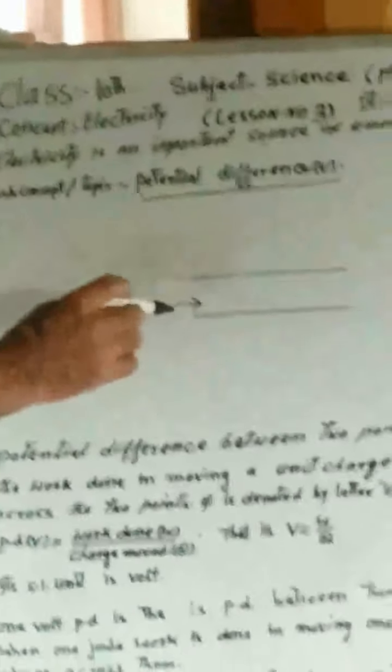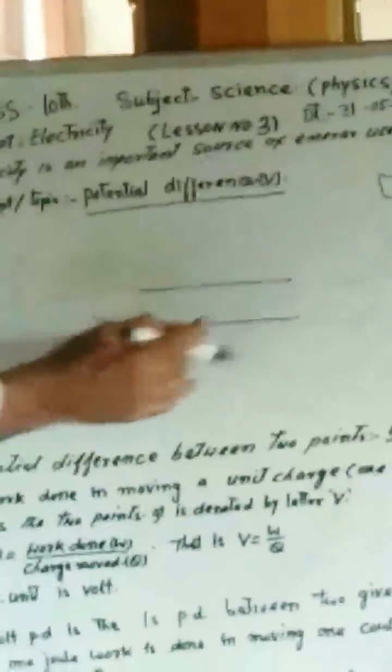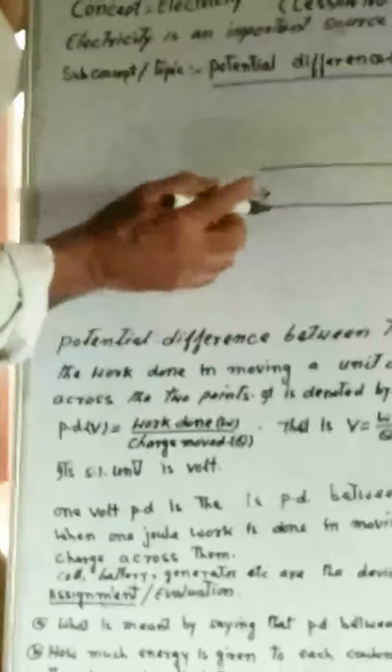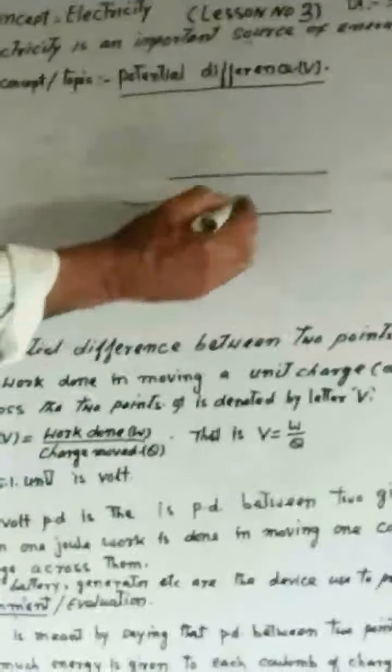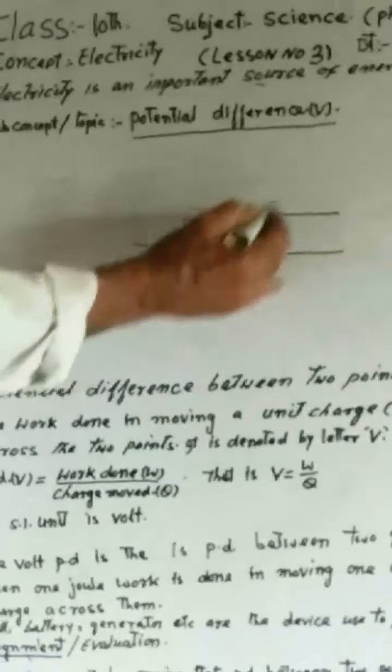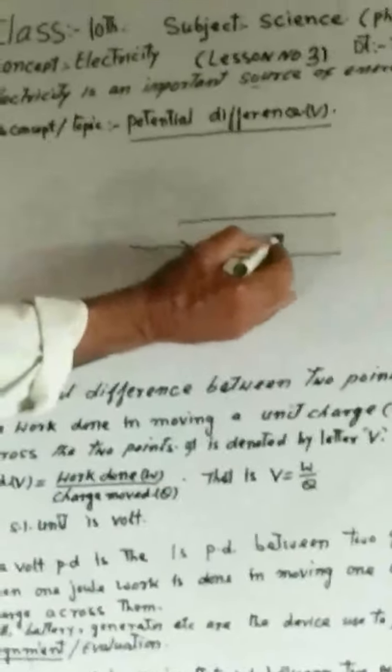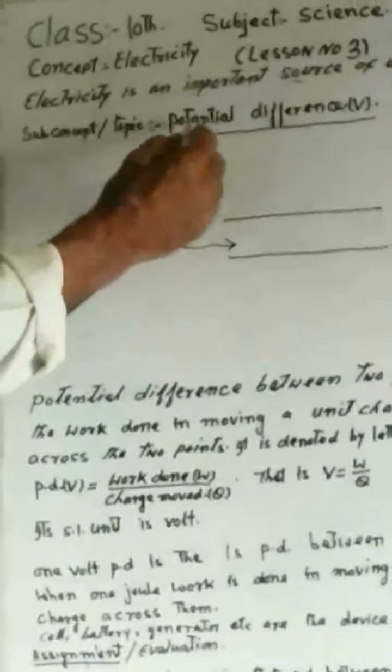When we move a charge through a conductor, using work, using force, using energy to push it through the conductor against the resistance of the conductor, the energy used by us gets stored in this conductor as potential energy or electric potential.